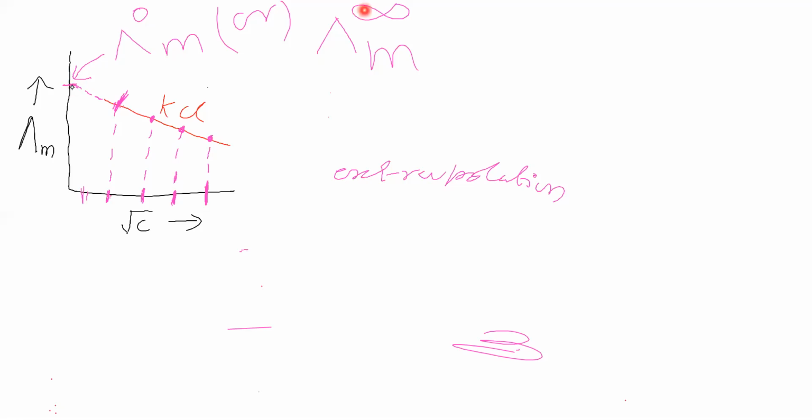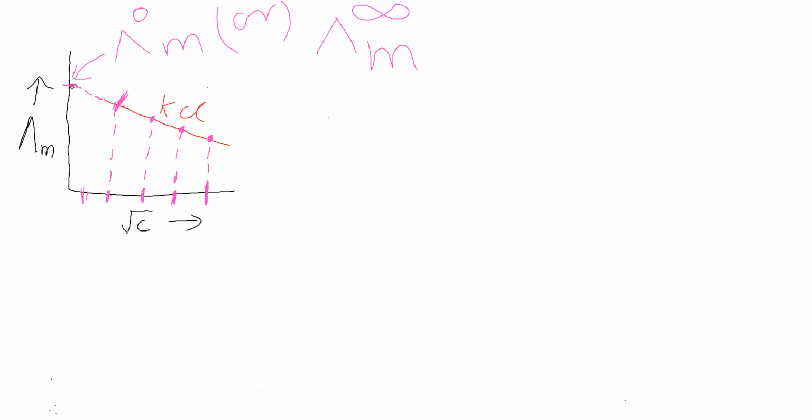So this is a graph for which electrolyte? A strong electrolyte. For a strong electrolyte we can get lambda m naught or lambda m infinity graphically by extrapolating.